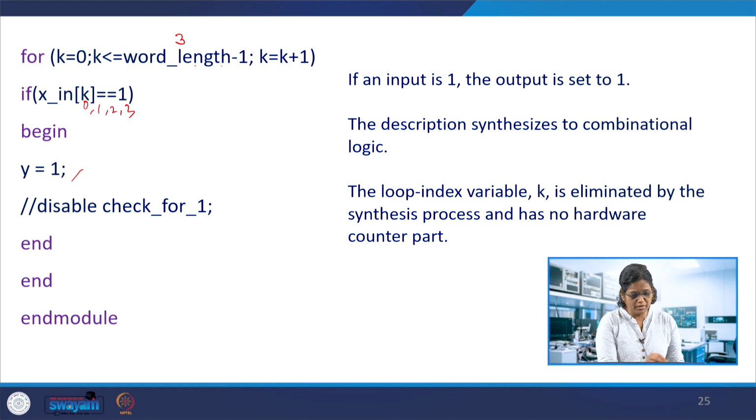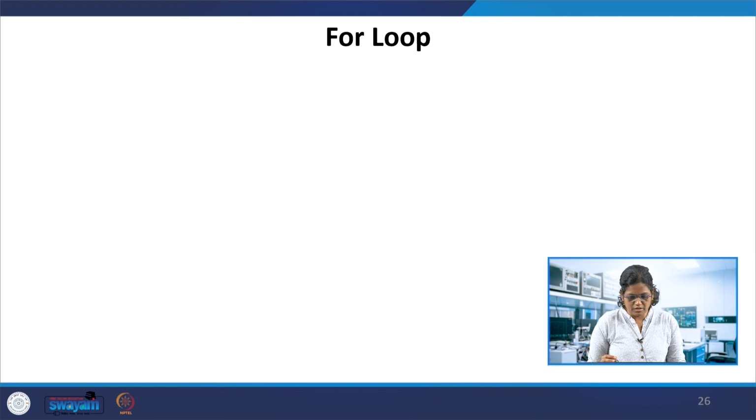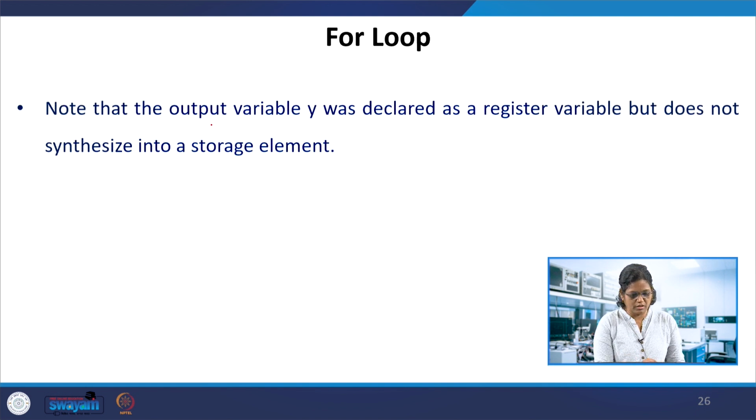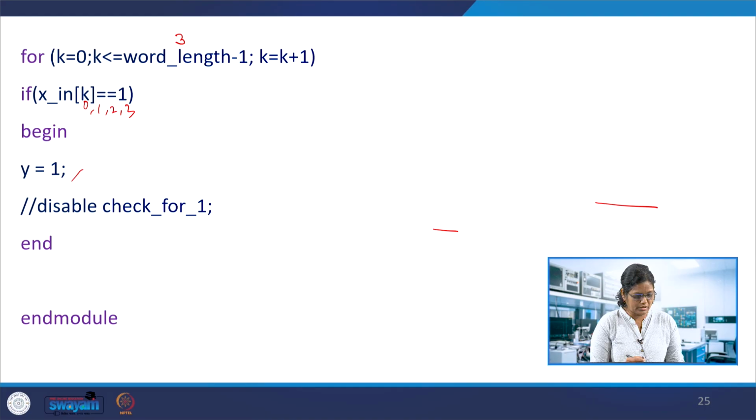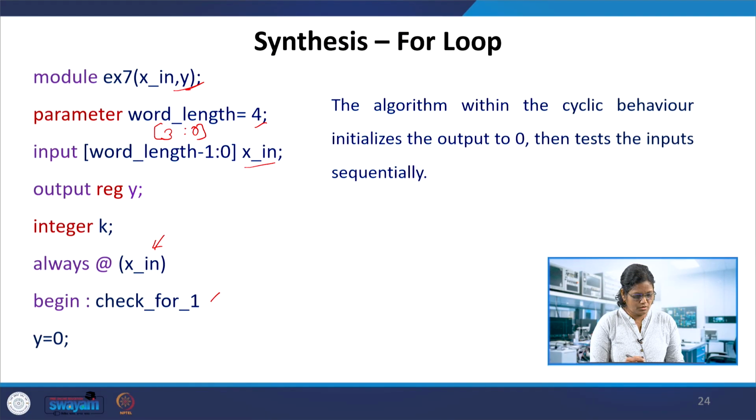But if you see the loop index k, it is eliminated in the synthesis process, and it has no hardware equivalent or counterpart, but the whole code will be synthesized into a combinational logic instead of a sequential logic. Here, always at the rate x in, you are assigning y equal to 0, and the output is declared as reg also.